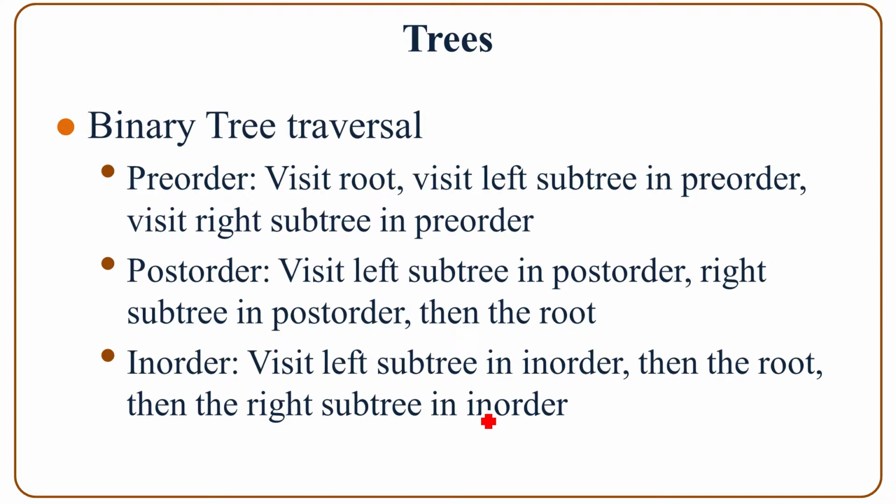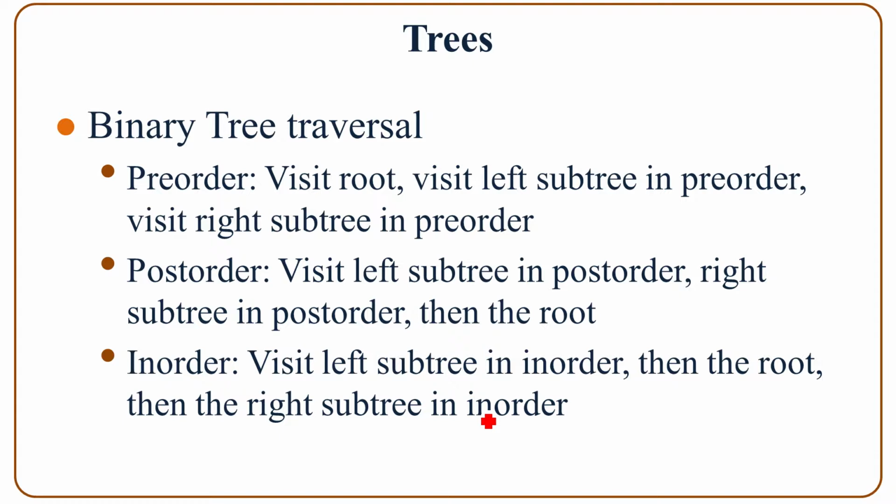How can we traverse through a binary tree? There are 3 types of tree traversals: preorder, postorder, and inorder. With preorder traversal, we visit the root and the left subtree and then the right subtree.